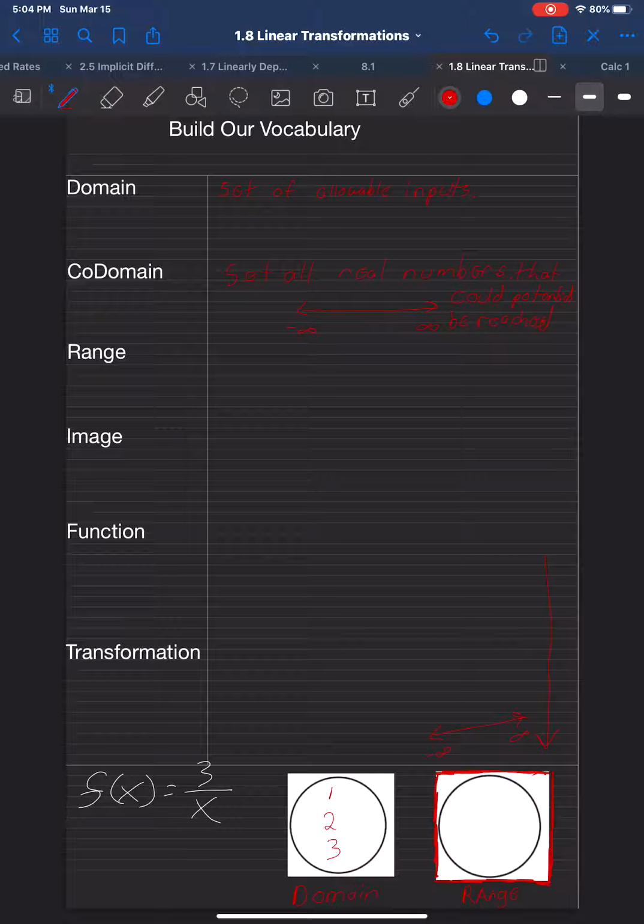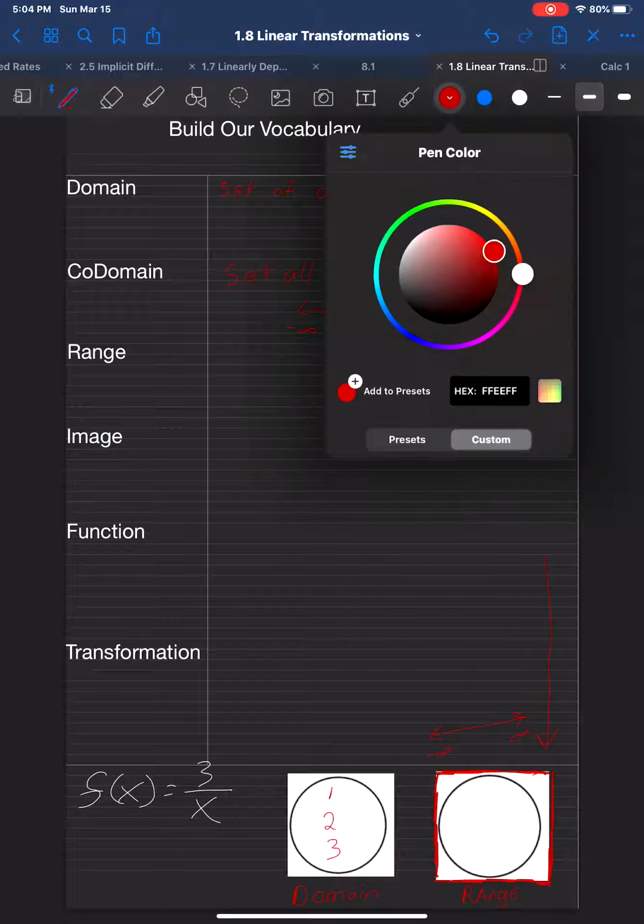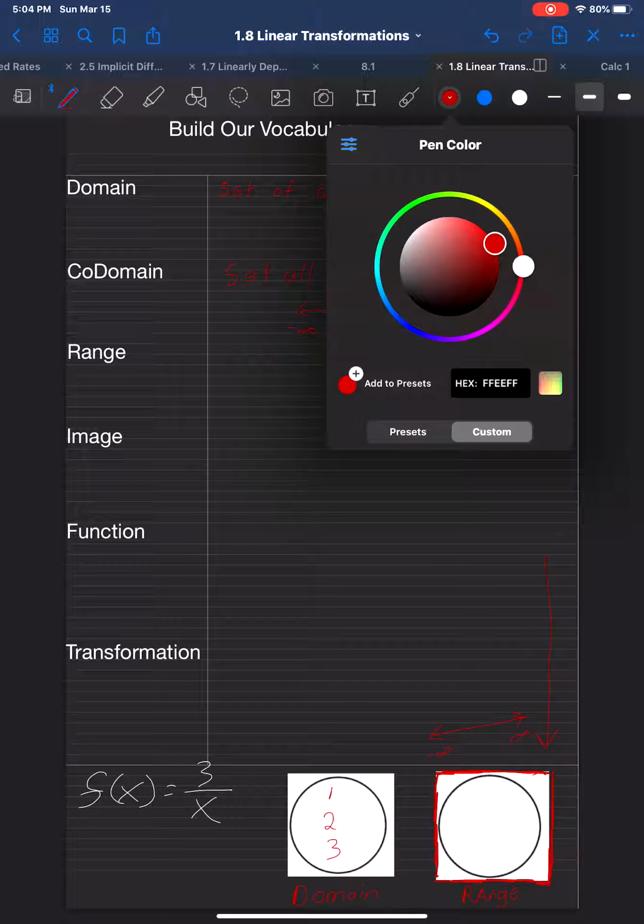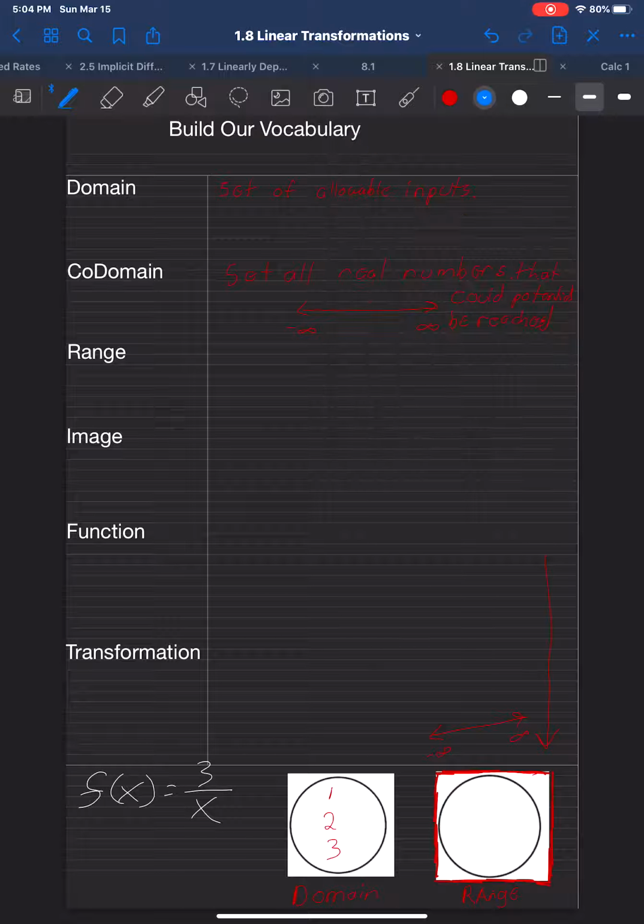However, what exists within the circle is the range. My sincere apologies, I'm learning the technology as I do the technology. So this in here in my circle is my range, and this large square is going to represent my codomain.